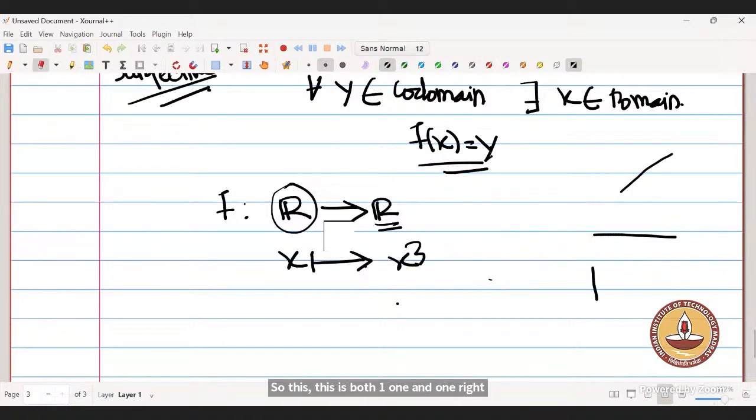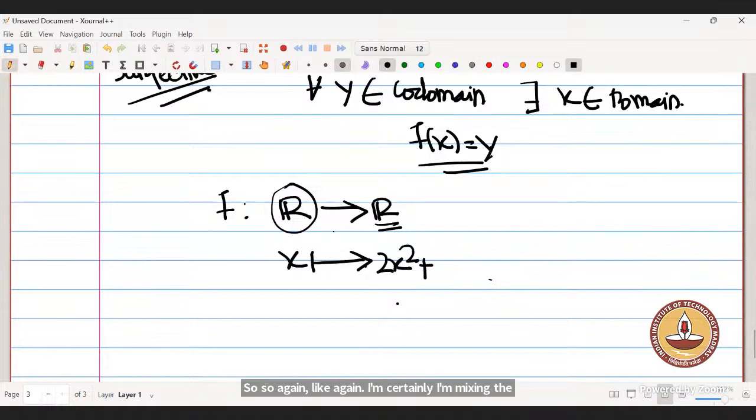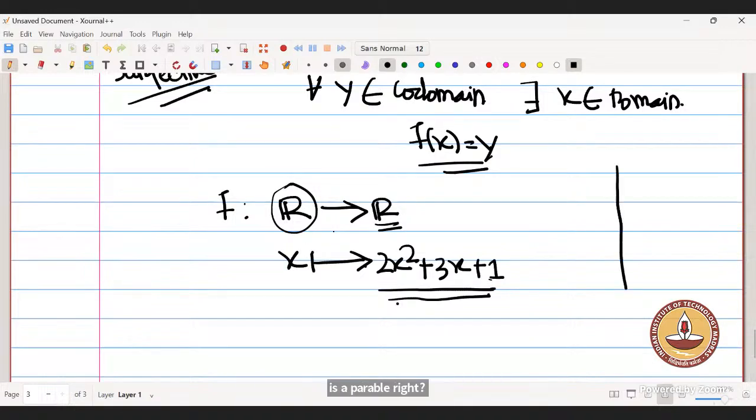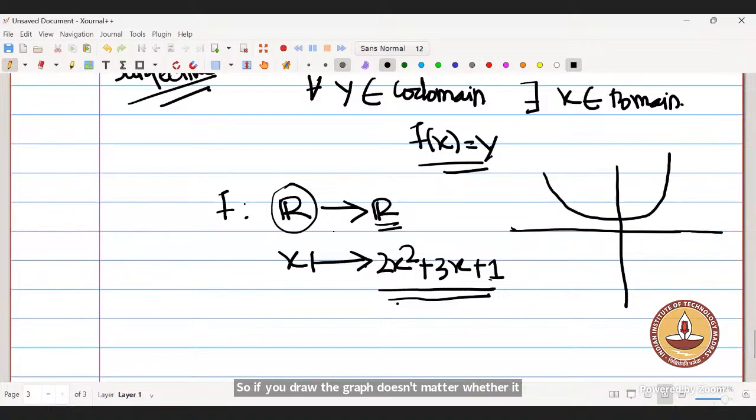So again, I'm mixing the concepts. If you draw the graph of a quadratic function, this represents a parabola, right? Doesn't matter whether it crosses the x-axis or not, even if it doesn't cross the x-axis.